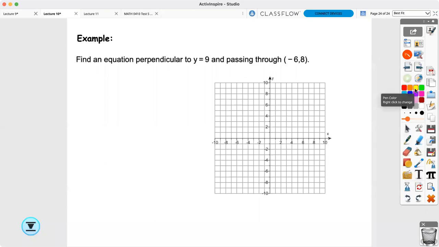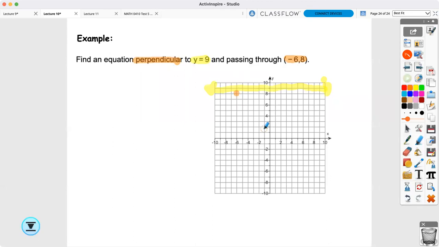So first we need to go ahead and graph y equals 9. Guys, is y equals 9 horizontal or vertical? Anyone? Y equals 9, horizontal or vertical? Horizontal. Correct. And we want to find an equation perpendicular to it through -6, 8.